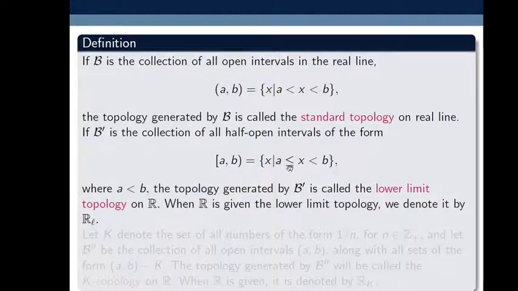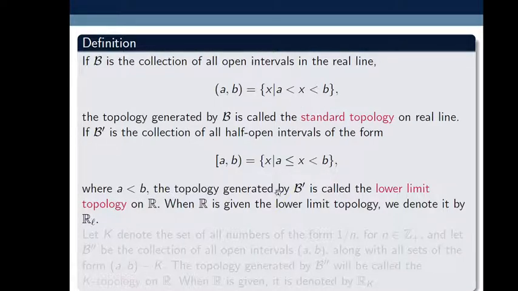Means here values of x are taken from a to b including a also. In the open interval a b, a and b are excluded, here a is included but b is excluded, means x not equal to b. Here x neither equals a nor equals b, where a is less than b.